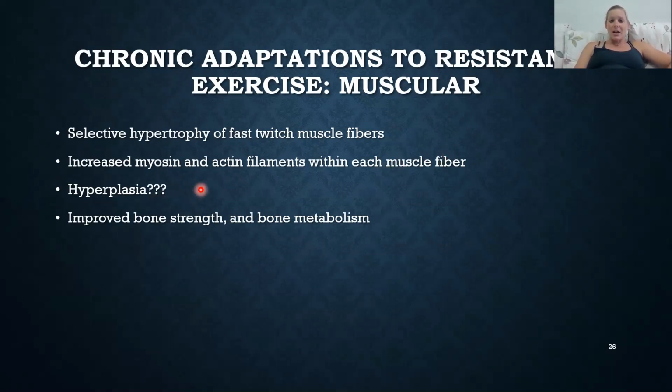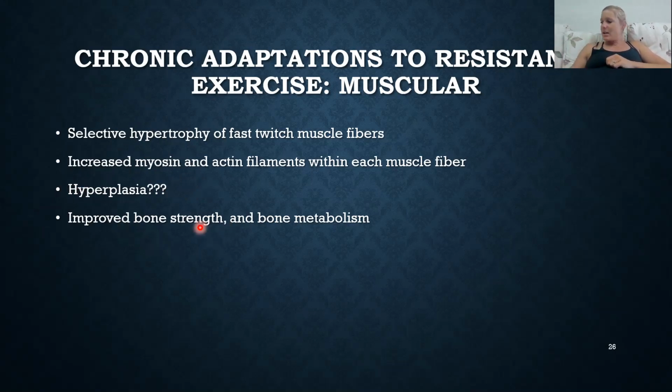Hyperplasia means an increase in the number of muscle cells that we have. We don't think that this can happen. We think that you have a certain number of muscle cells and you can increase the size of those through this hypertrophy mechanism, but we don't think that we can produce more cells themselves. So we don't believe that hyperplasia is going to occur.